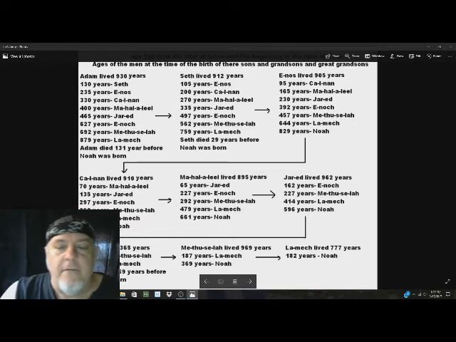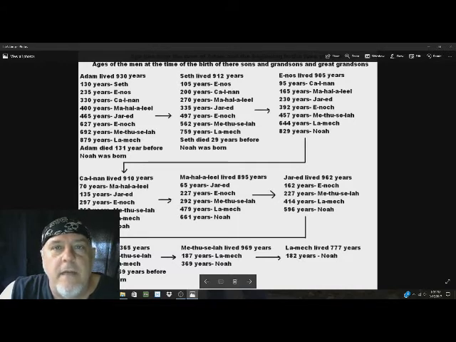Also, by these time frames, we could find out a lot more information. Just like we know from the beginning, Adam lived to be 930 years old. Well, he died 131 years before Noah was born. So he placed 930 years of Adam's life right with 131 years from the time Adam died to the time of Noah.